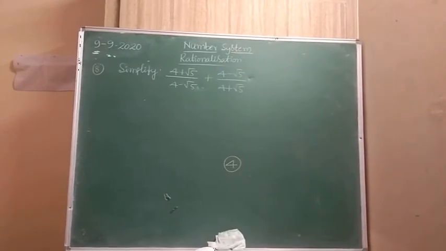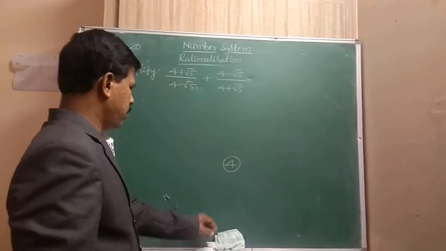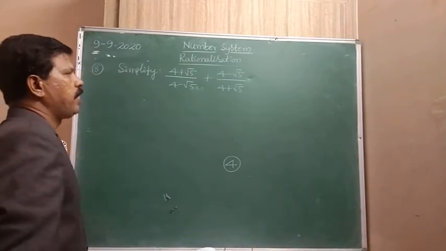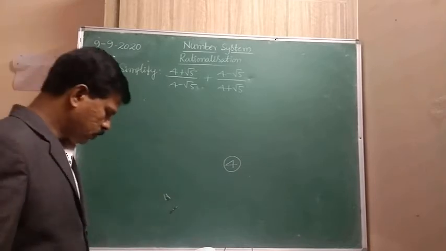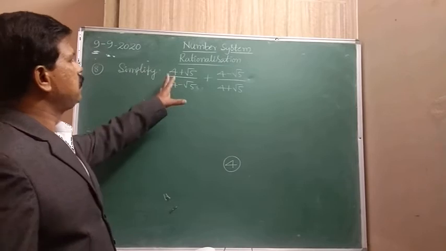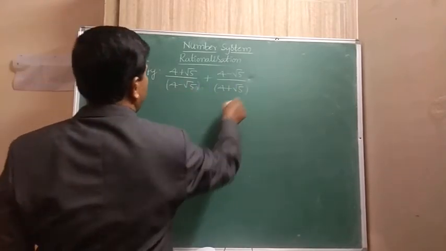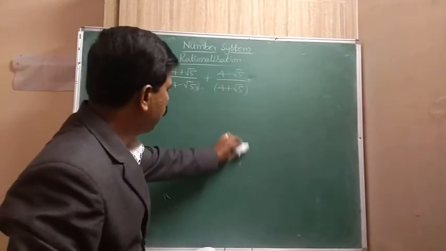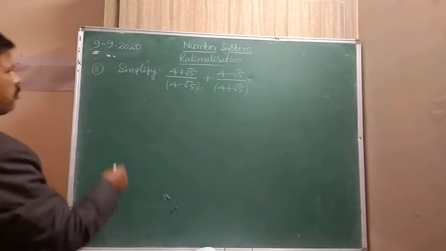Now see this. Simplify 4 plus root 5 by 4 minus root 5 plus 4 minus root 5 by 4 plus root 5. That means here 2 times we should rationalize the denominator. But see the denominator. Okay. I will first show you by rationalizing the denominator separately.